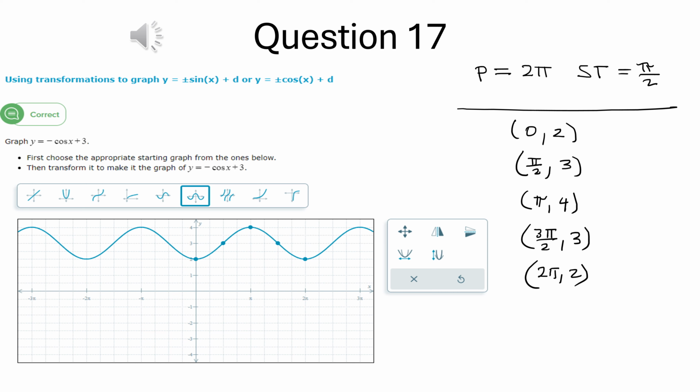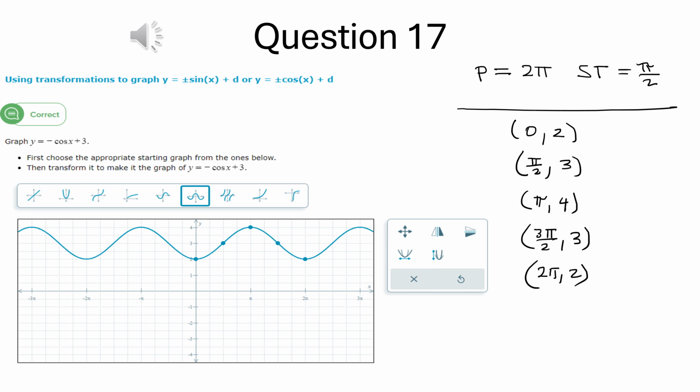However, I know the cosine of 0 is 1, but actually this -1 plus 3 is +2. 0, +2 is my first point. After that, cosine of pi over 2 is 0. Entonces es +3, pi over 2, 3 positive. Cosine of pi is -1. Entonces double negative becomes positive.